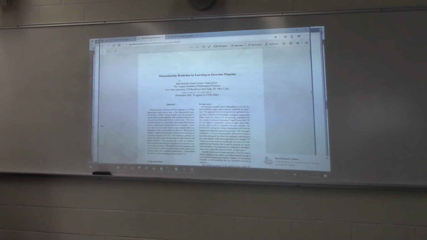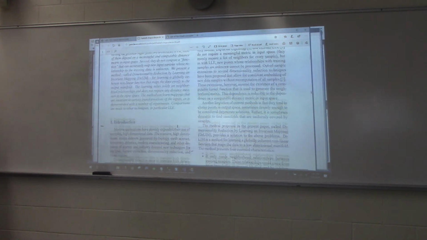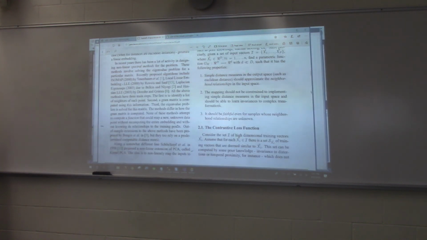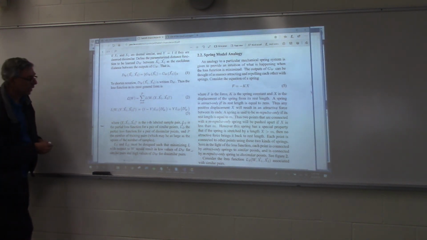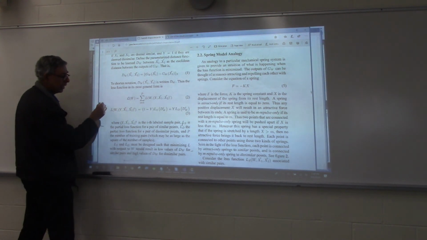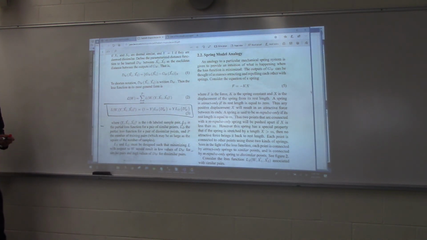This is one of the famous papers where they talked about Siamese networks. 2006 is when they reported it, LeCun and some of his students. If you take a look at the loss function over here, does it look similar to what we just did?